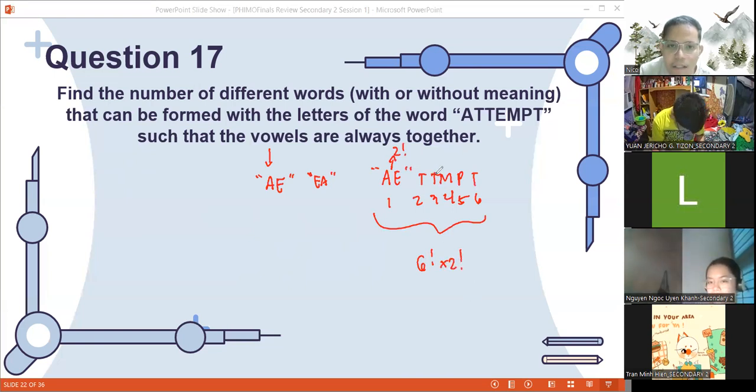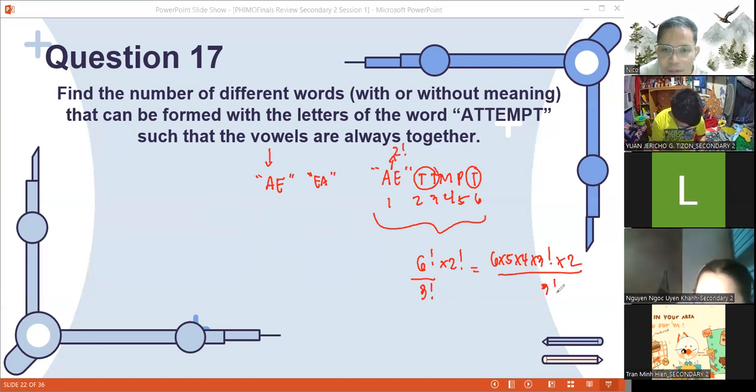Now, how many letters are the same? T and T. So divide this one by 3 factorial. Okay? So the answer is 6 times 5 times 4 times 3 factorial times 2 over 3 factorial. So it's just 240. Again, the AE can be arranged 2 factorial times.